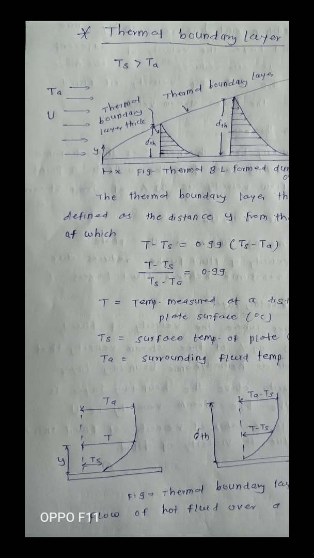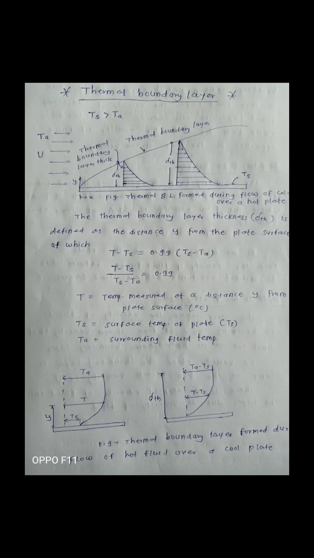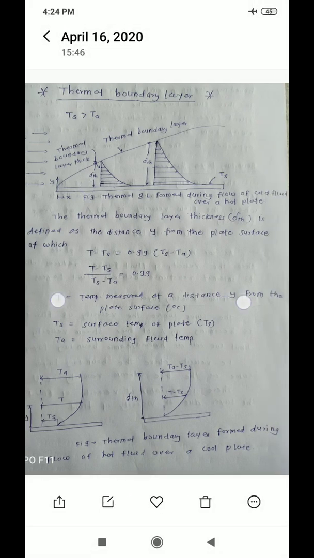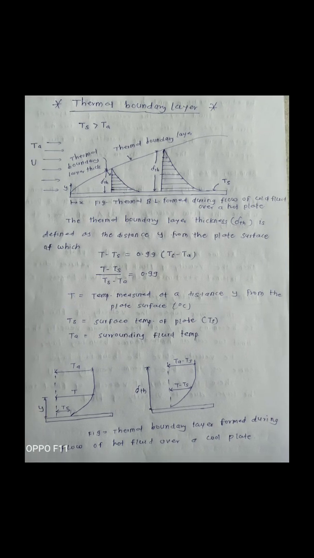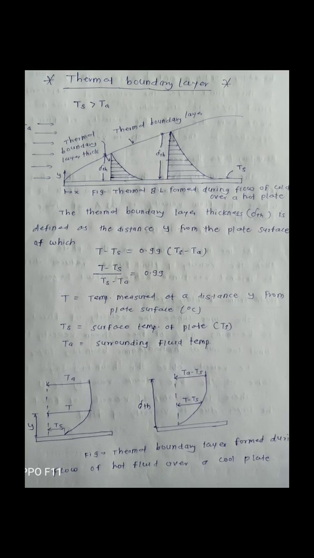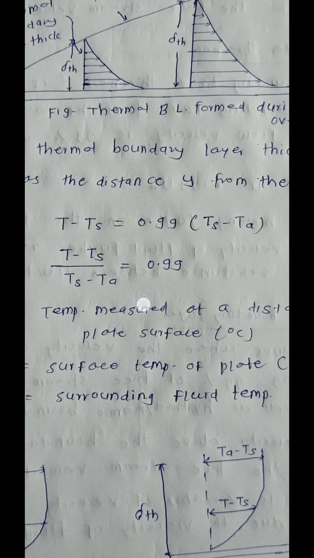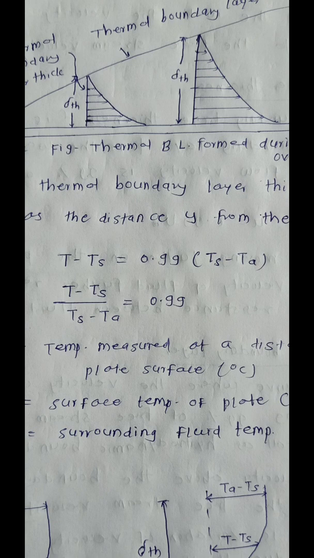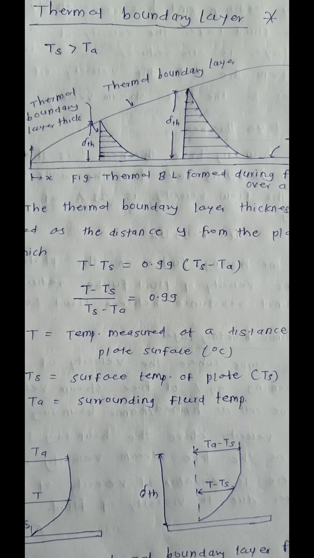Thermal boundary layer thickness is defined as the distance y from the plate surface at which T minus Ts is equal to 0.99 into bracket Ts minus Ta. If this condition is satisfied, that distance is the thermal boundary layer thickness.